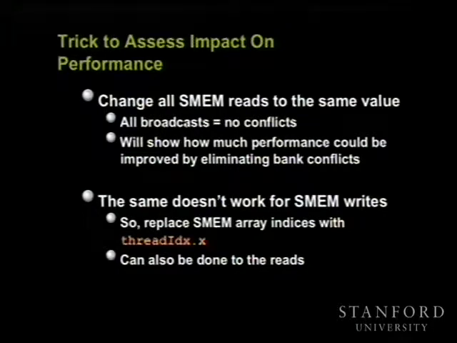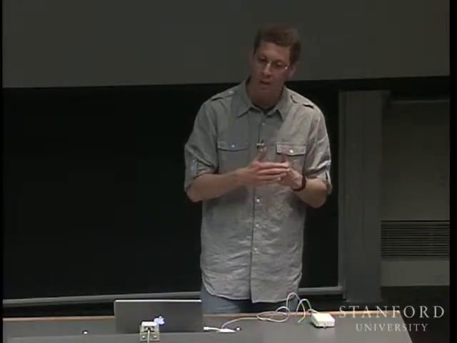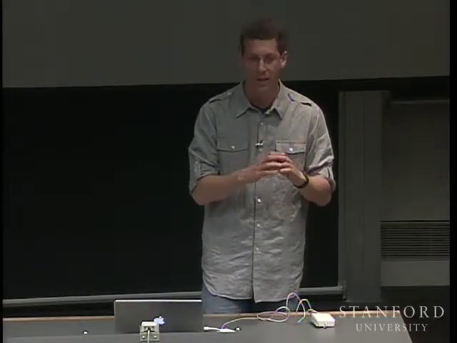You can say, well, I'm going to replace my shared memory accesses, even though the computation is going to be wrong, with some offset, some index, which is shared across, let's say, all the threads in a warp or thread block, which means that everybody's going to access exactly the same value. So a broadcast of a single value works fine.